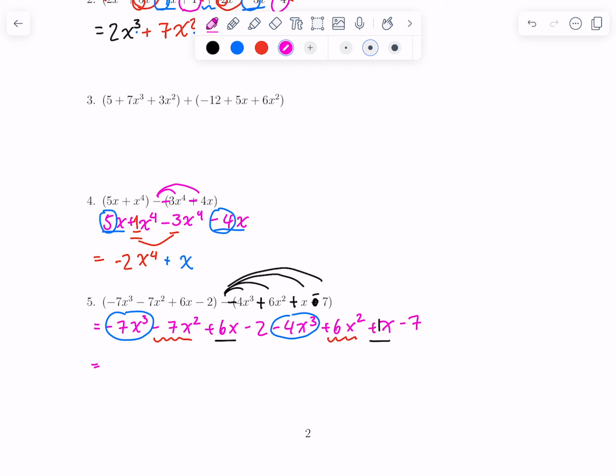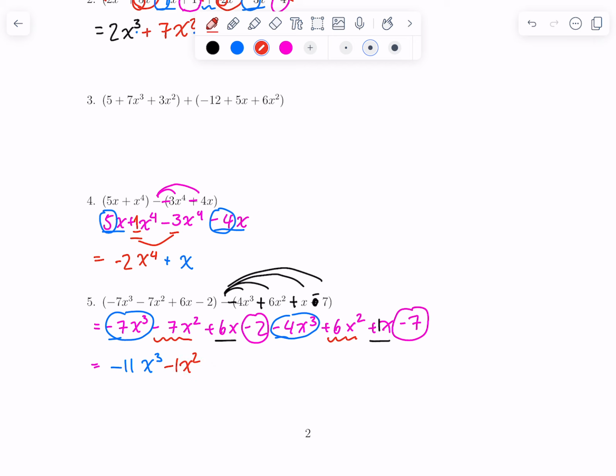And then we have the constants negative 2 with negative 7. So let's rewrite this. First thing is to add negative 4 and negative 7 together. We got negative 11x cubed. And negative 7 plus positive 6. The coefficient for x squared will be minus x squared.